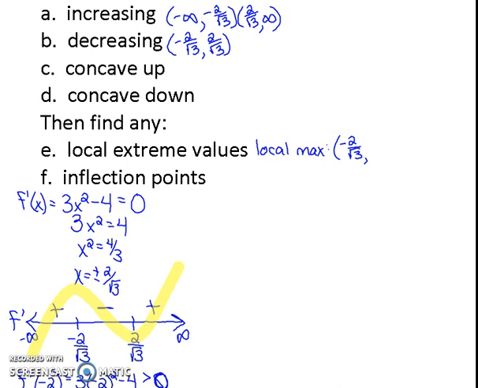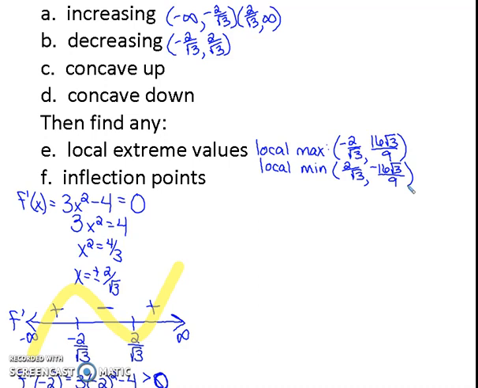And I'll go ahead and cut to the chase and tell you that that is 16 square root of 3 over 9. And then you would have a local minimum at positive 2 over the square root of 3, and its y-coordinate is negative 16 square root of 3 over 9.